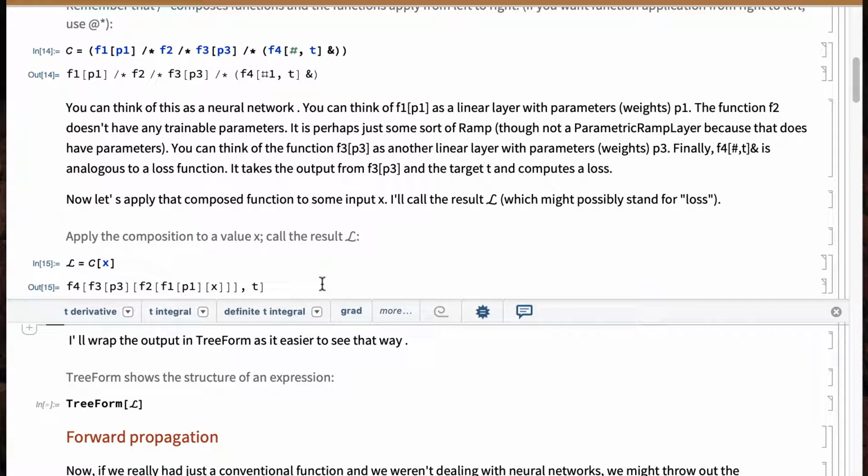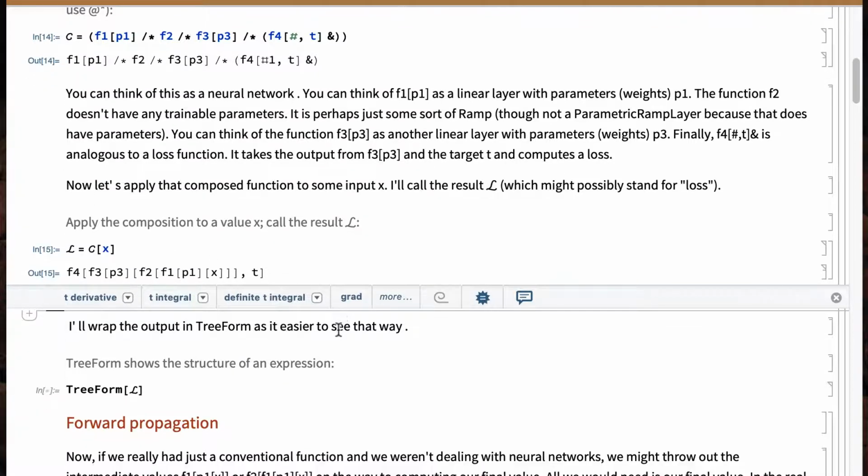And this is just another way of writing the same thing that we saw up here. The only difference is I've actually stuffed the x in, so it's no longer a function. It's now an expression, the result of applying this function to the data point x.